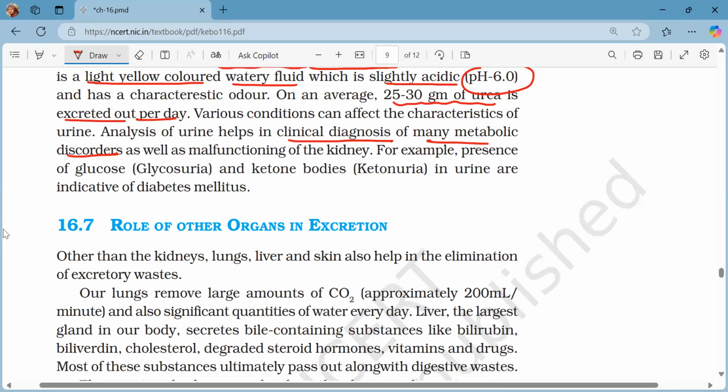This indicates a diabetic condition, when the urine contains sugar, meaning glucose. So we can tell if the kidneys are functioning well or not by using this. Clear?